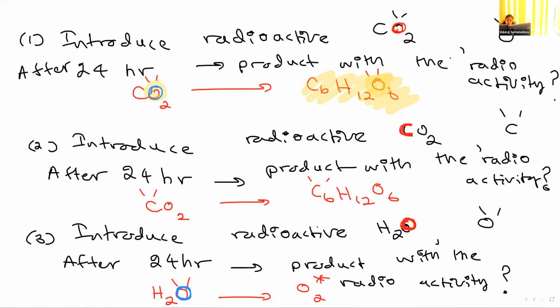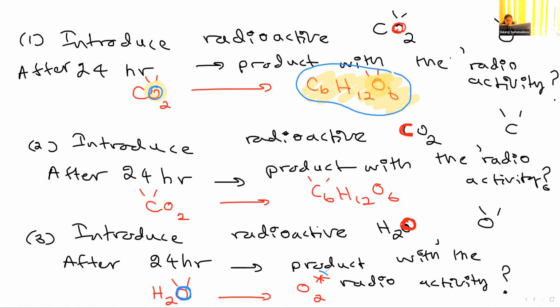Otherwise I can ask the other way around. I can say, I have radioactively labeled glucose. That means what type of radioactive compound did the plant receive? The opposite, right? So to get radioactively labeled glucose, the plant needs to have received radioactive labeled carbon dioxide.